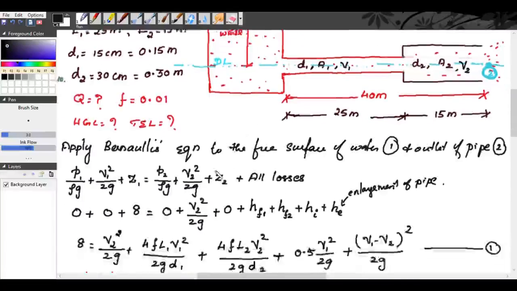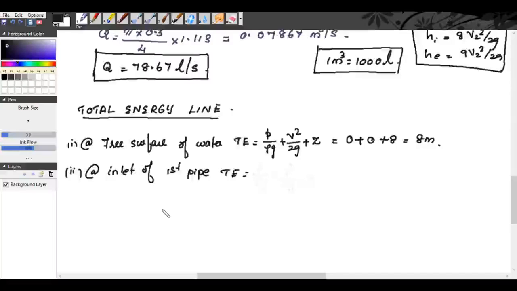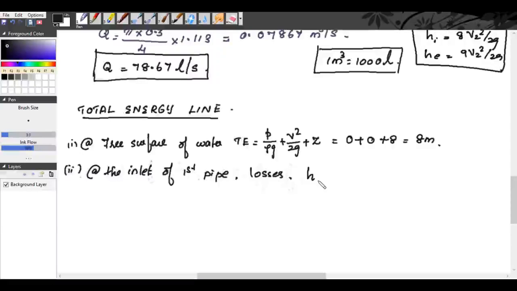So in the second step, we will consider at the inlet of the first pipe, the loss is HI, right?